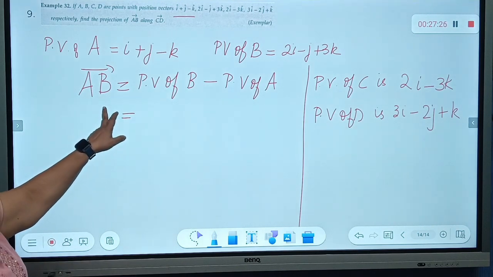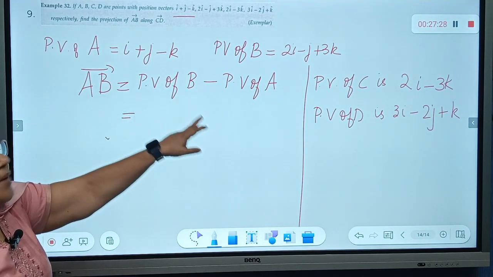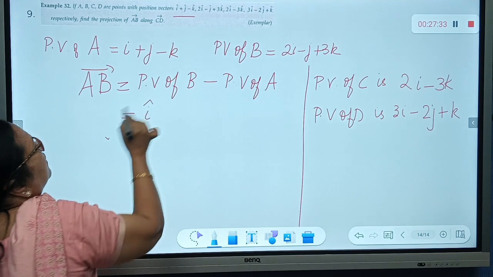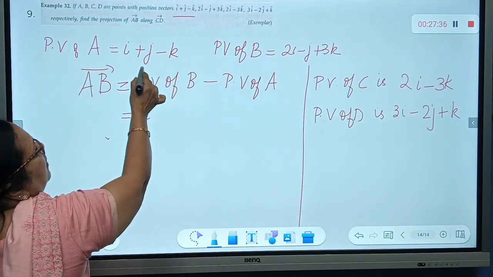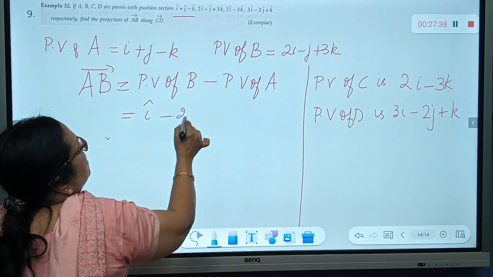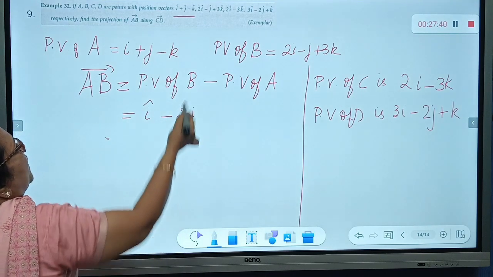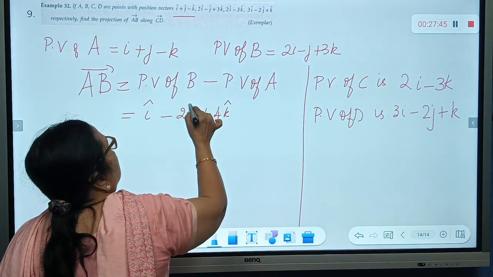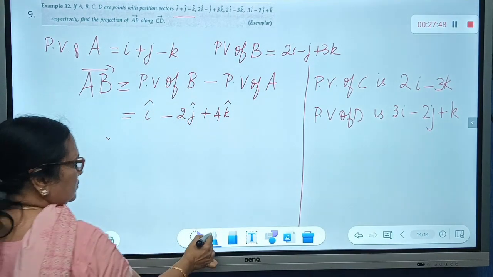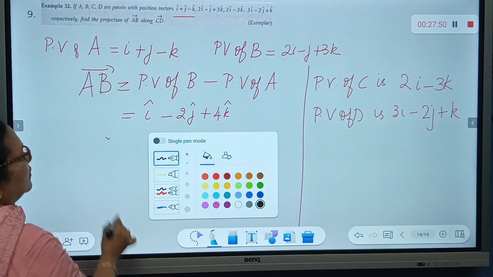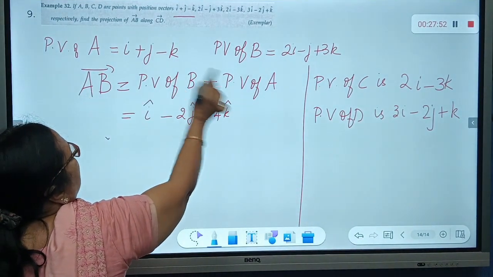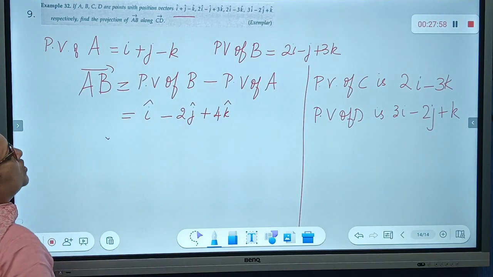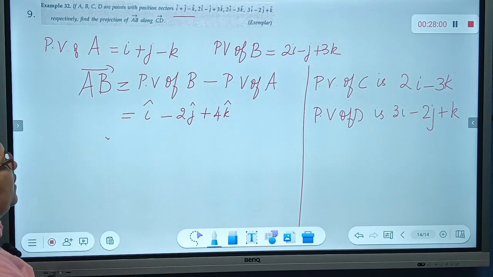AB vector will therefore be position vector of B minus position vector of A. So 2i minus i is i, minus j minus j is minus 2j, and 3k minus of minus k will give you plus 4k.